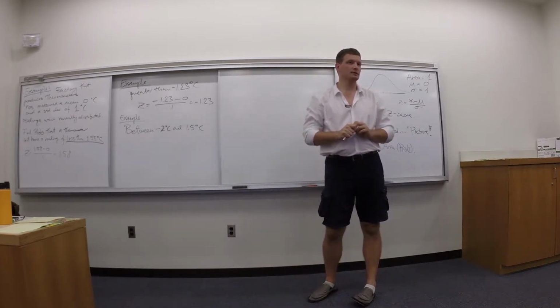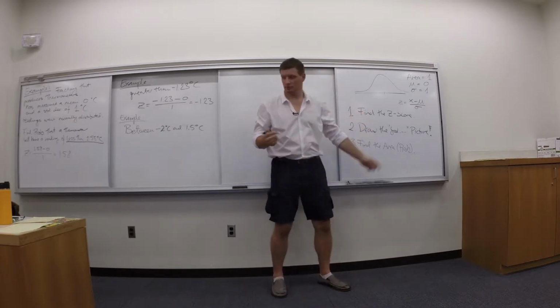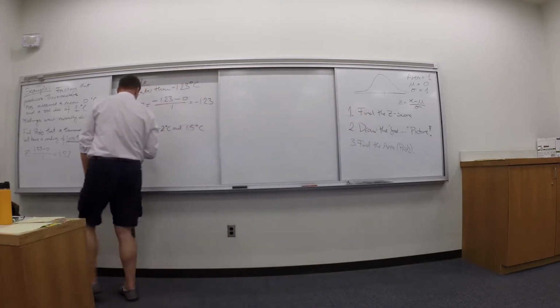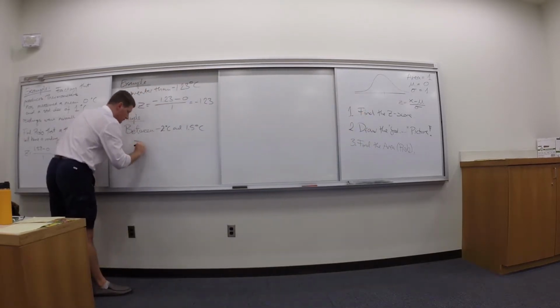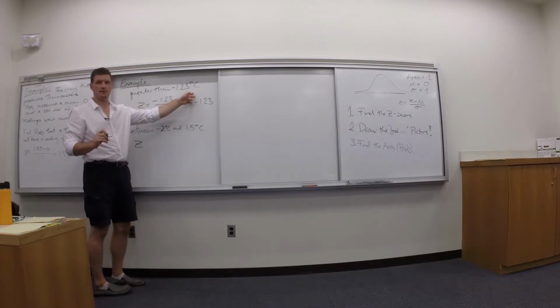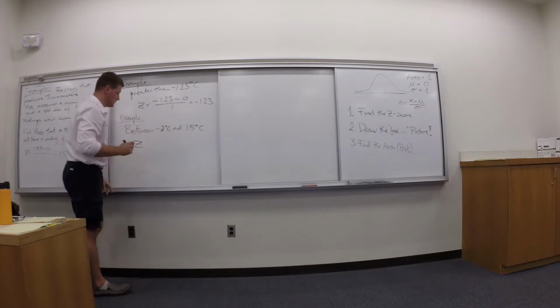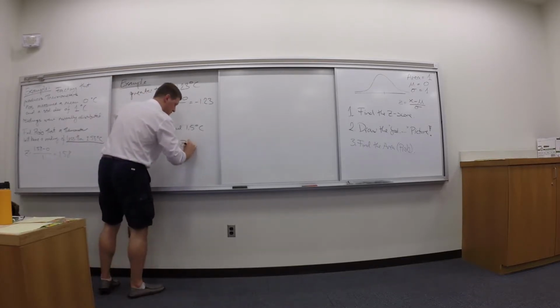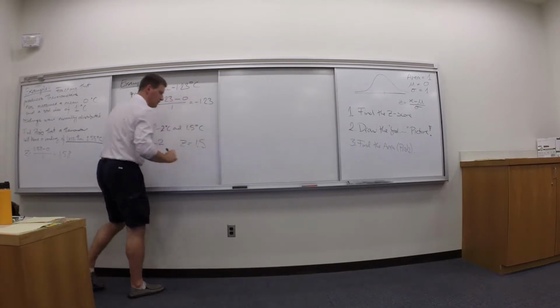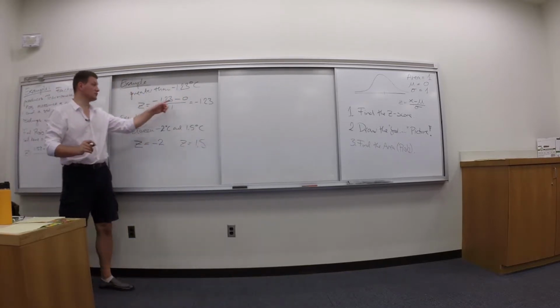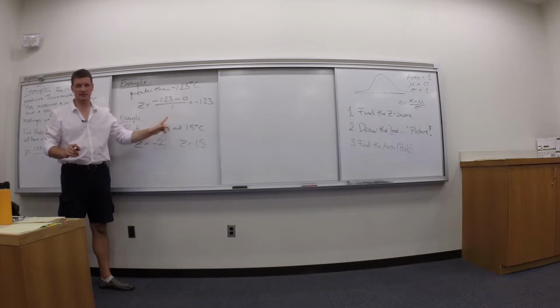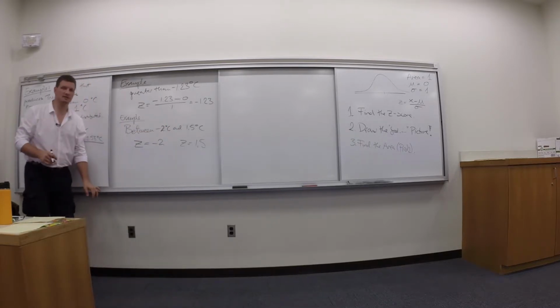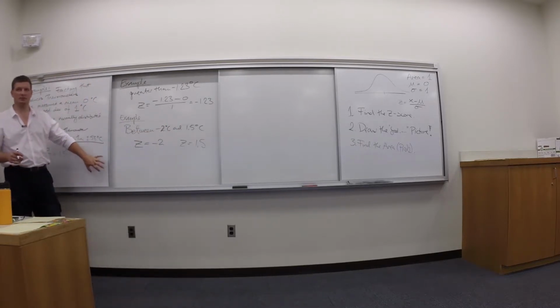So step 1 is what? Well, let's find the z-scores. Because the mean is 0 and standard deviation is 1, the first z-score is going to be negative 2, and the second z-score is going to be 1.5. Negative 2 minus 0 divided by 1 is negative 2. This is, again, a very unique example and somewhat misleading on the difficulty of those questions.